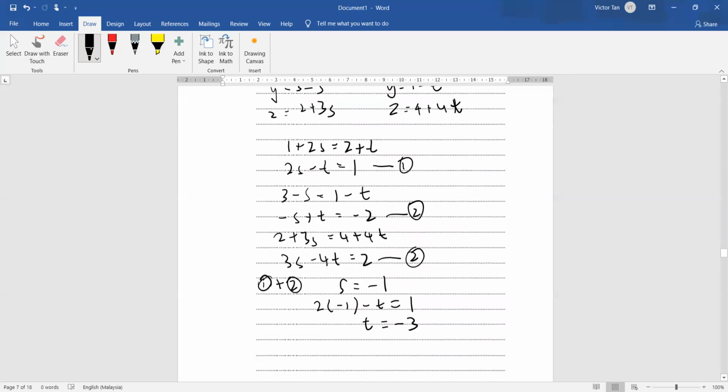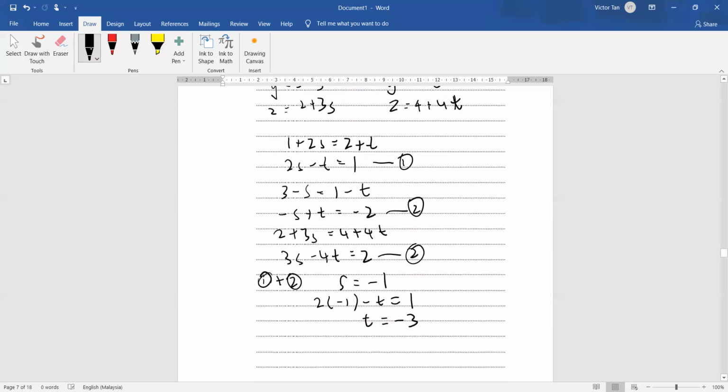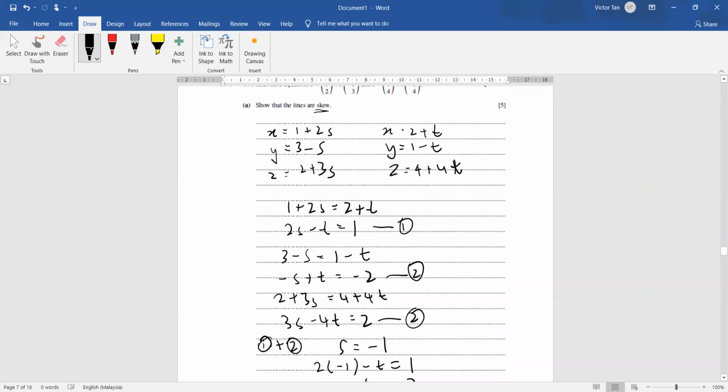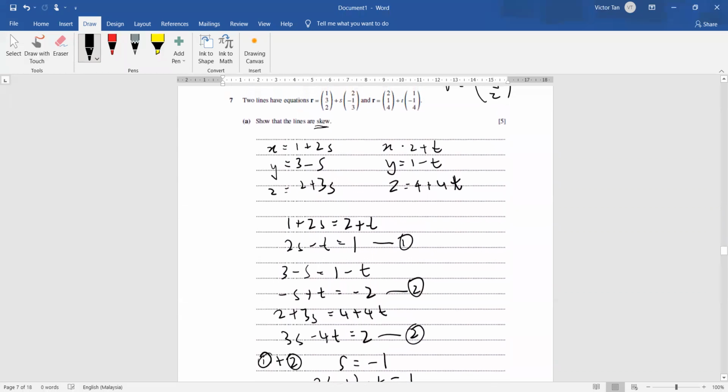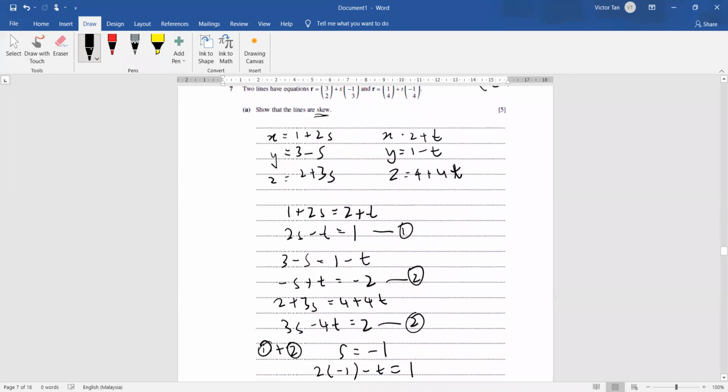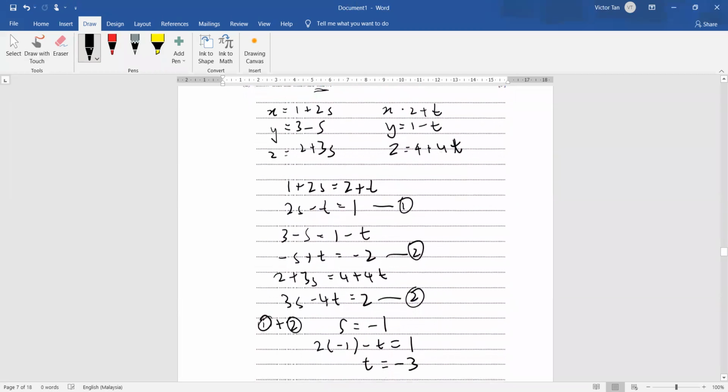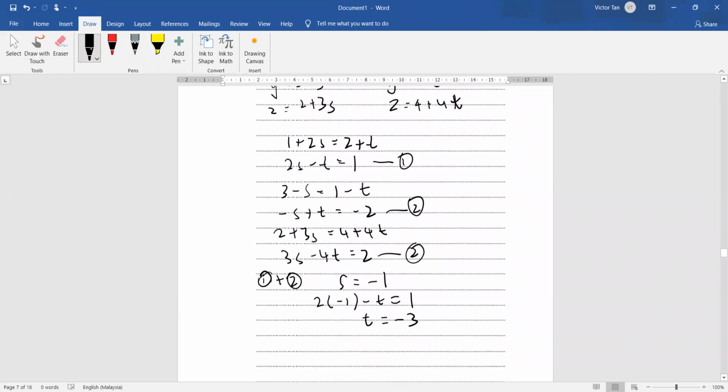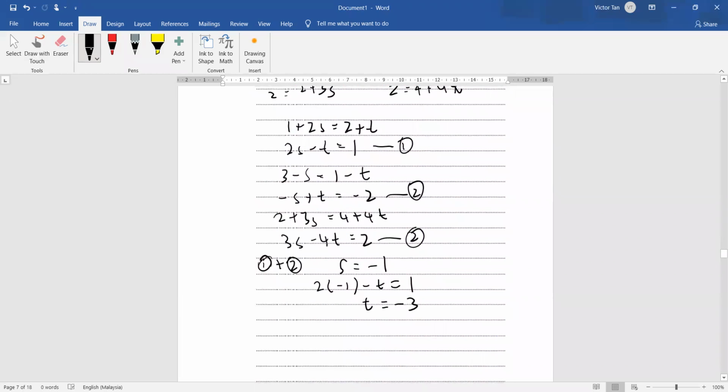Now, if the solution of s and t is consistent, that means both lines intersect. You will also solve for the third equation. If it holds, then they intersect. If it does not, then it's inconsistent and they do not intersect. So let's substitute into equation 3.